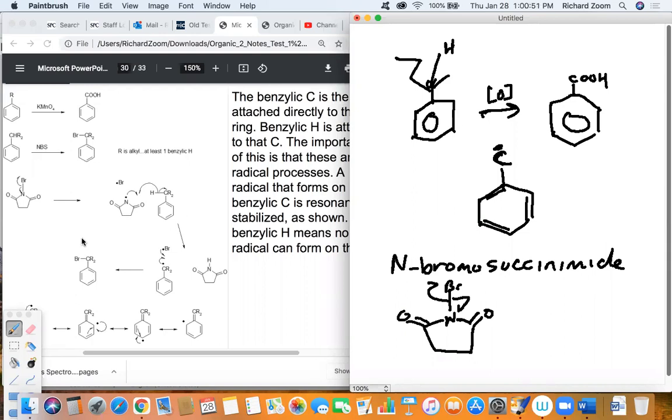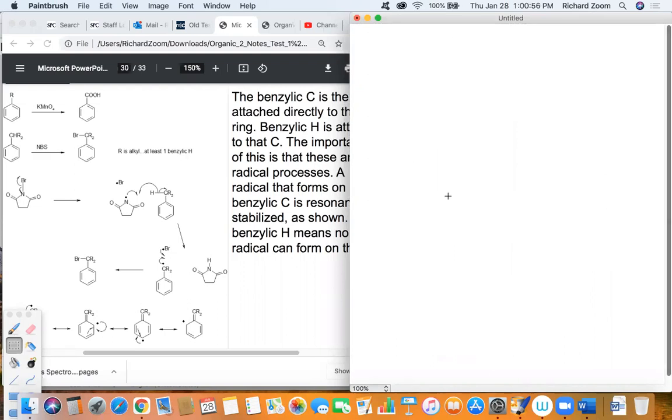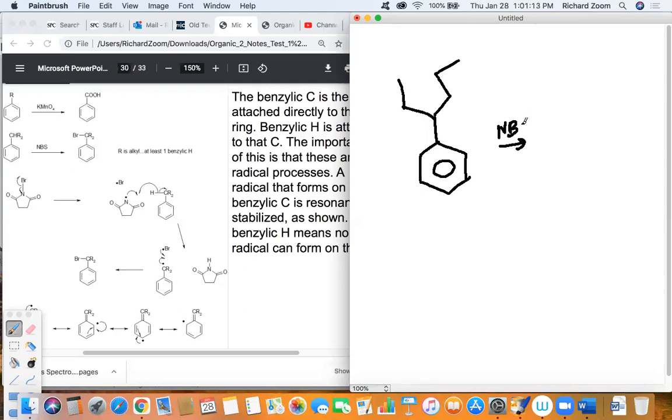Now keep in mind, this is the only thing you have to keep in mind with this, that if you've got an alkyl group attached to the chain or the ring, and we add NBS, the NBS will stick the bromine specifically in one location, and that is on the C next to the aromatic ring.